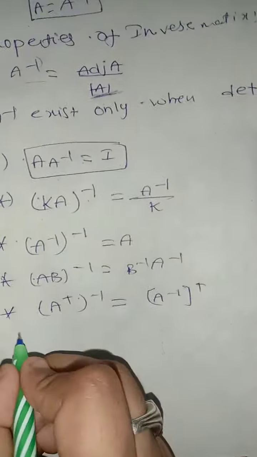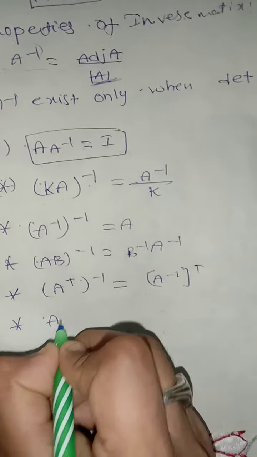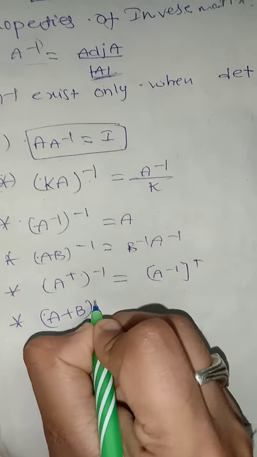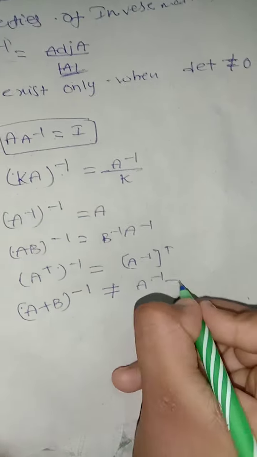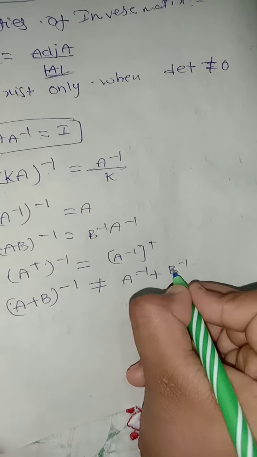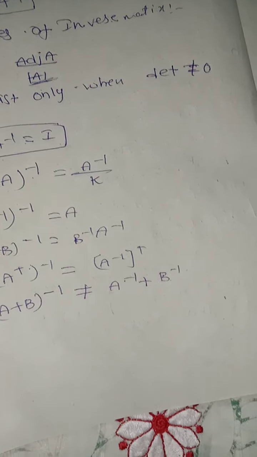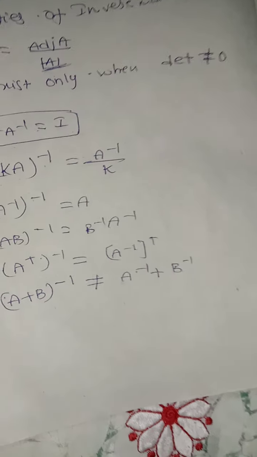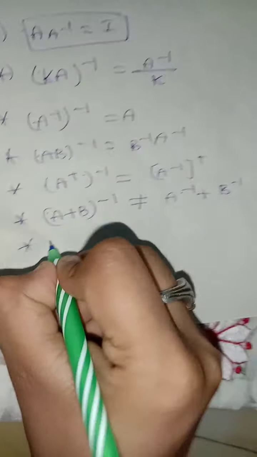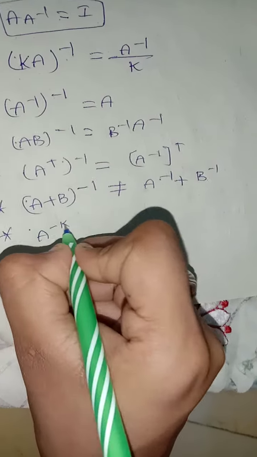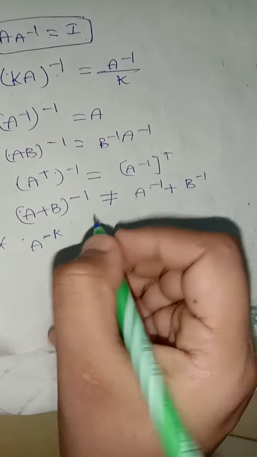And next, A plus B whole inverse is not equal to A inverse plus B inverse. Then the last property, but not the least, it is also very useful.